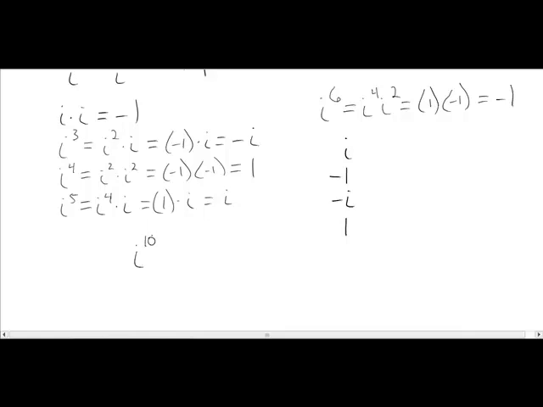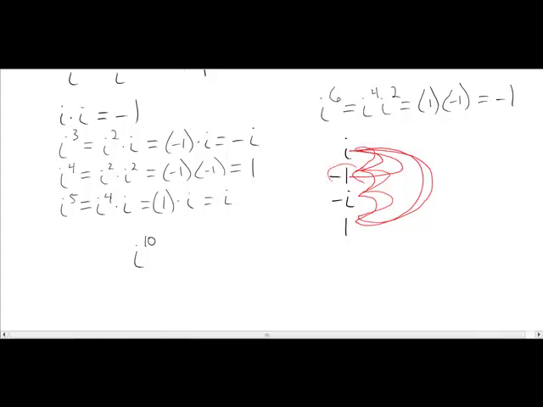For instance, i to the 10th. I don't have to break that down. I just have to find where in the sequence it is. Divide the exponent by 4 and find its remainder, because we know that every 4 the cycle repeats. If you want to think about it this way, this is kind of a juvenile way of counting, but just this time I'll do it. I'll start up here with i. We've got 1, 2, 3, 4, and then we go back: 5, 6, 7, 8, and then we go back: 9, 10.